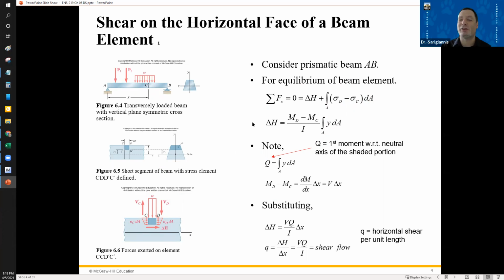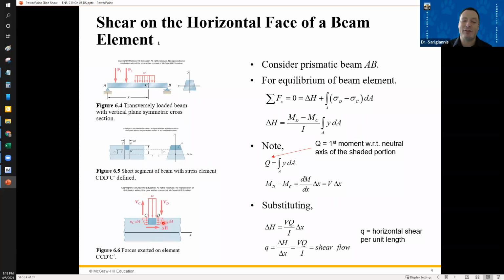And you wind up with basically a moment. You can factor out, delta H is going to be (M D minus M C) over I, times the integral of y dA. This comes from the equation, which we don't have in front of us: the bending moment times y divided by the moment of inertia gives you sigma.